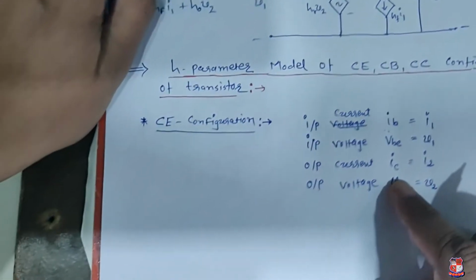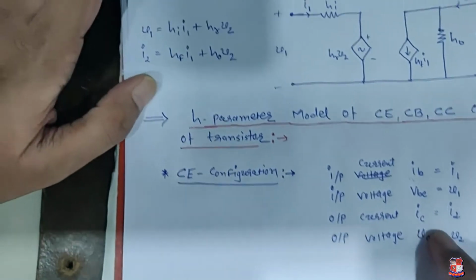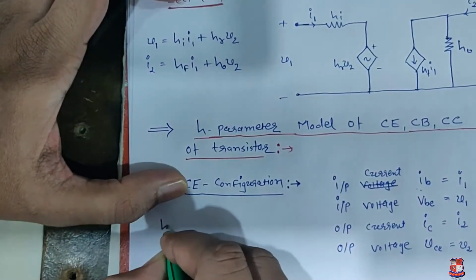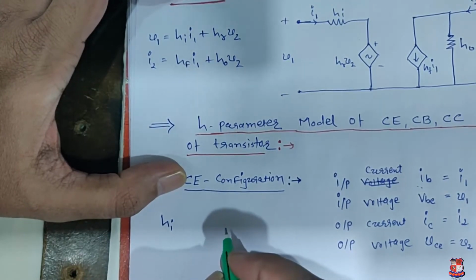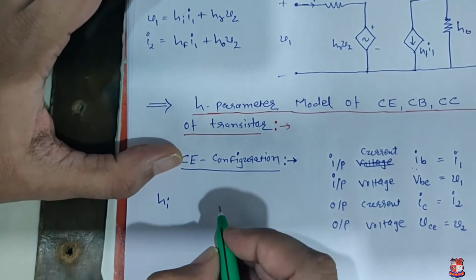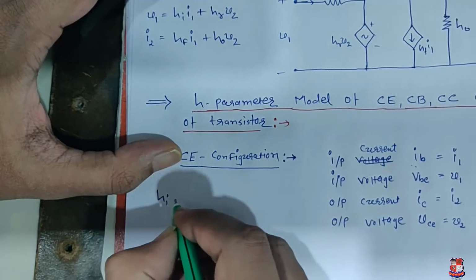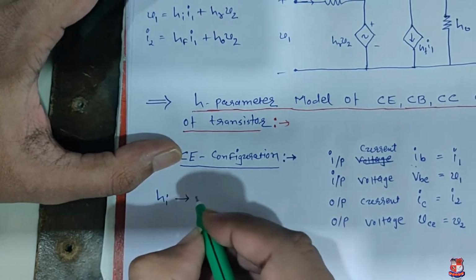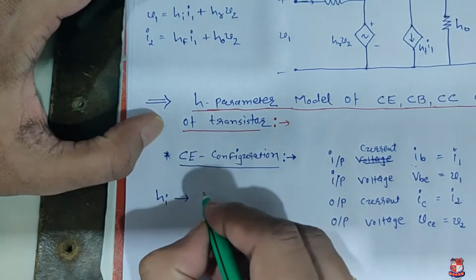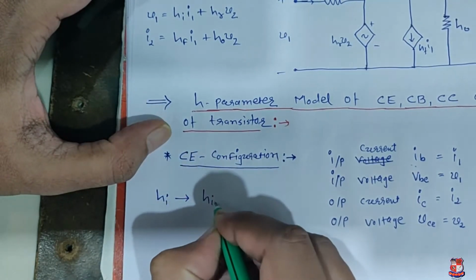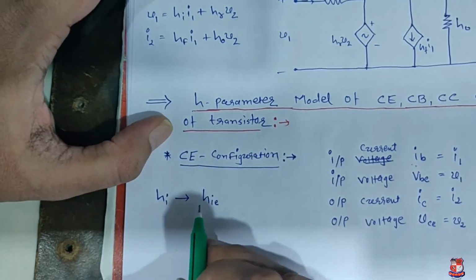One more thing: the H parameter HI is the input impedance, but it is in general the input impedance for a transistor. If we want to write the input impedance for common emitter configuration, then we have to write HIE. What does it indicate?